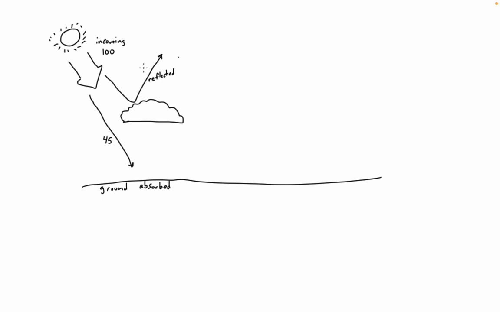That would be around 25 of those 100 units. And then some of the albedo effect is the surface, for example, ice, white daisies, etc. There is some around 5, not as much as the clouds. That's reflected.